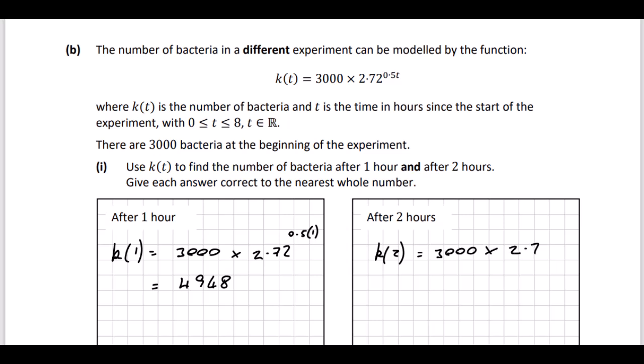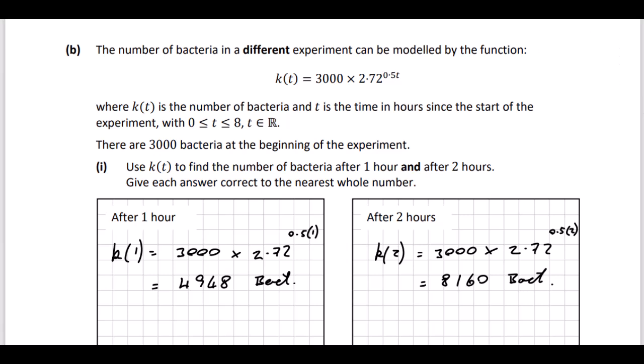So it's 2.72 to the power of 0.5 multiplied by 2, which is just 1. So you're just raising 2.72 to the power of 1, and you should get 8160. So after 1 hour there are 4,948 bacteria. After 2 hours there are 8,160 bacteria.